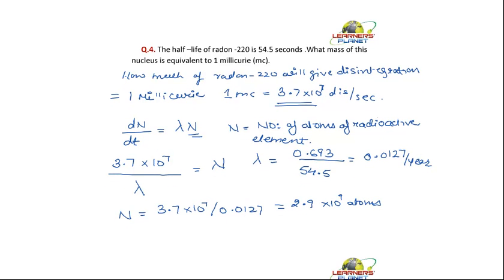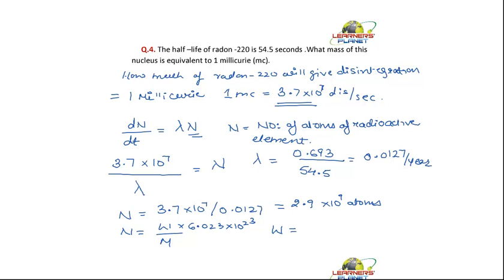Now, what is the formula for the number of atoms? Number of atoms is equal to the number of moles, that is weight in grams upon molecular mass, multiplied by 6.023 into 10 to the power 23.